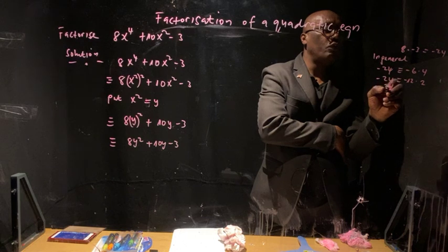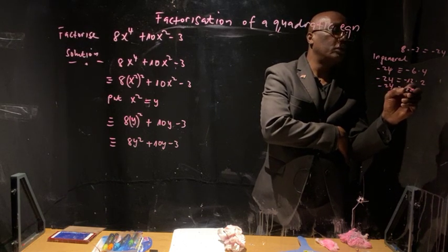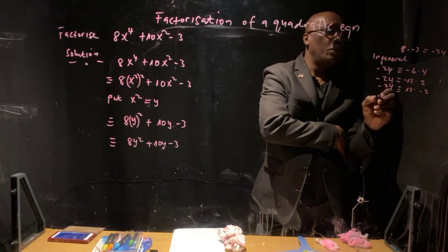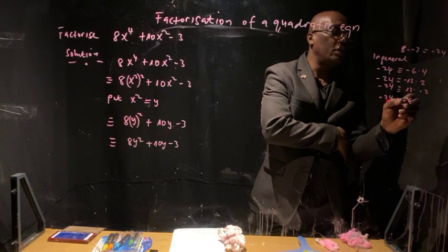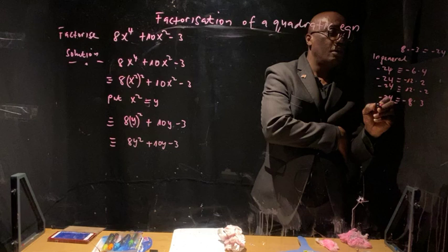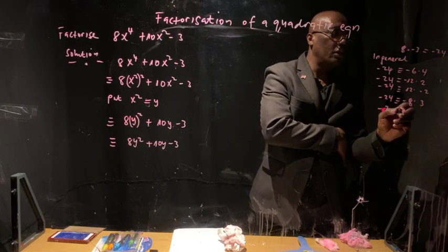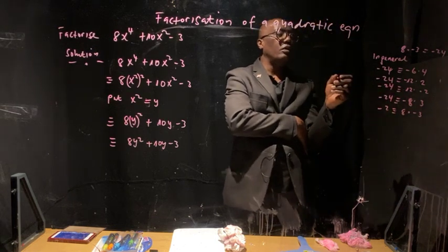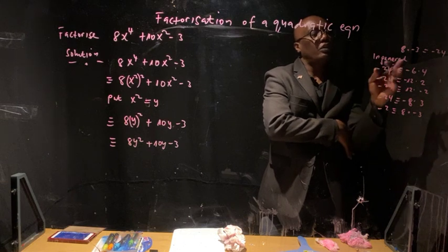Minus 24 is also no different from 12 times minus 2. Minus 24 is also no different from minus 8 times 3. Minus 24 is also no different from 8 times minus 3. You can go on and on until it becomes exhausted. But let's try with these ones.